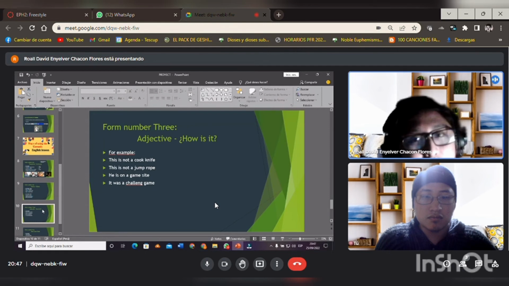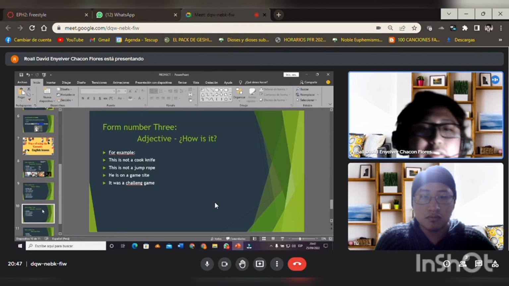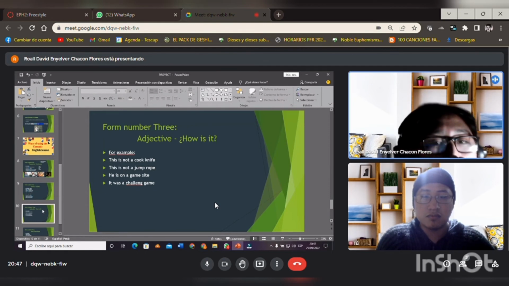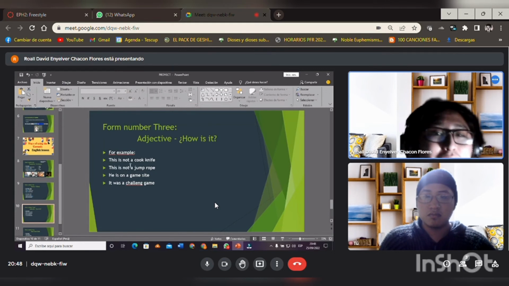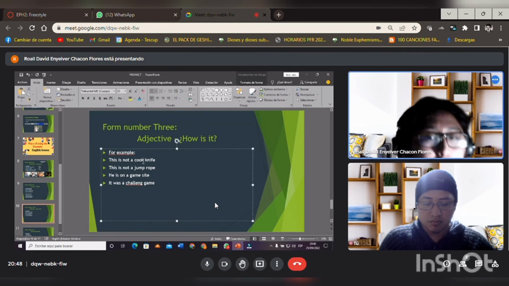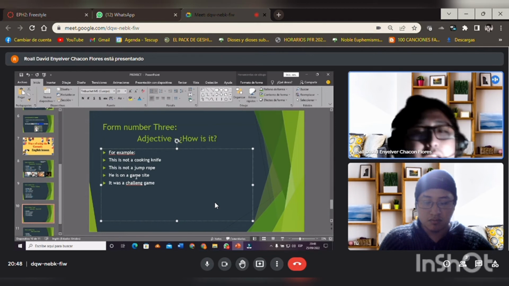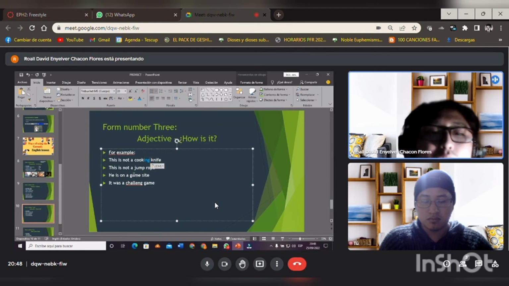For example, how is it? Number one, the sentence: this is not a cook knife. How is it? Cook, add ing. Number two: this is not a jump rope.